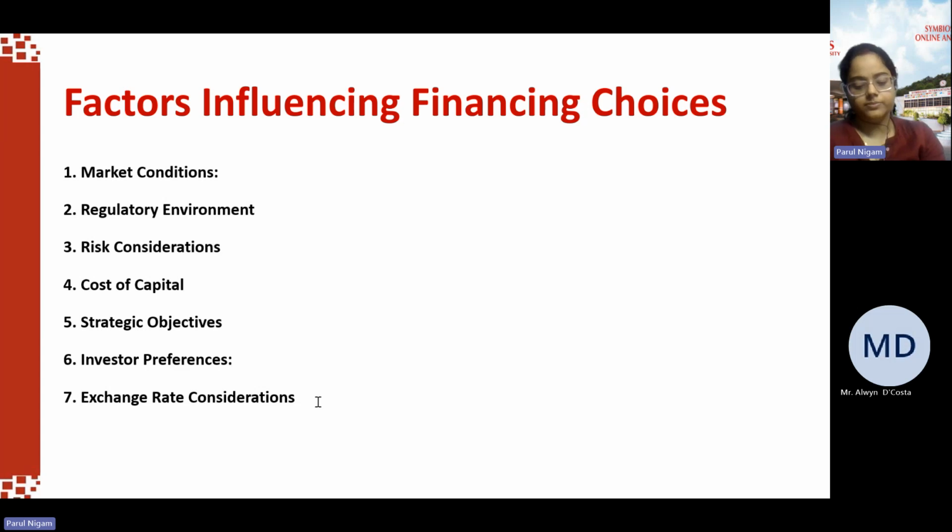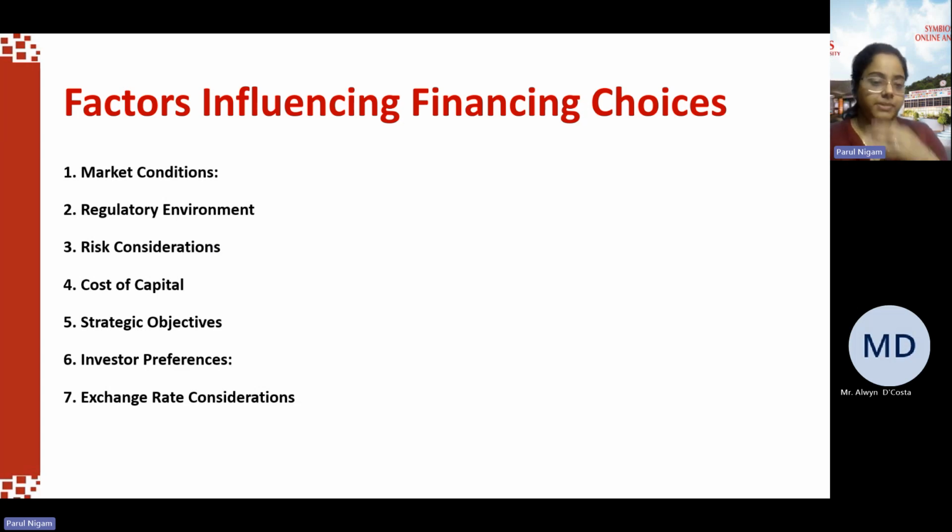What are the objectives of that country? That is also a big factor in influencing your financing decisions. If the strategic objective of international financing involves optimizing the cost of capital, risk management, financial flexibility, and global competitiveness.